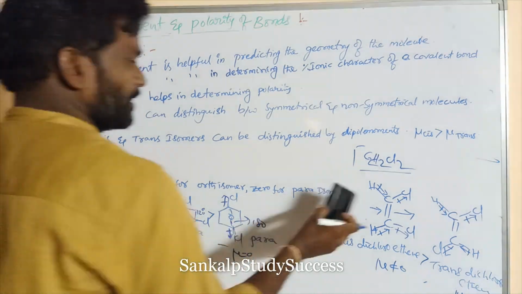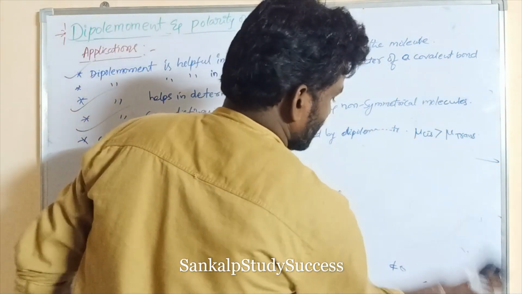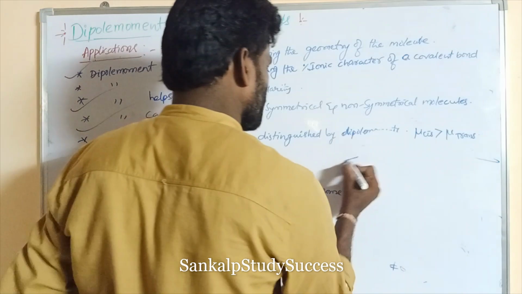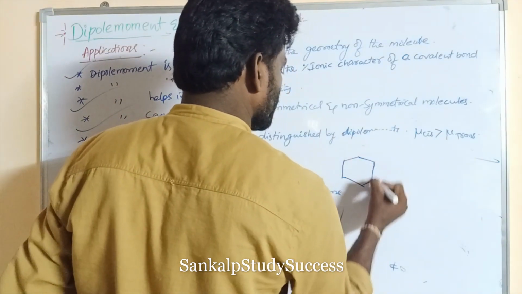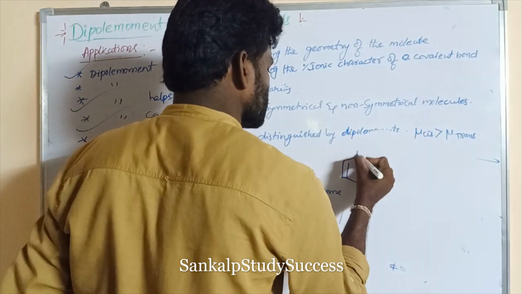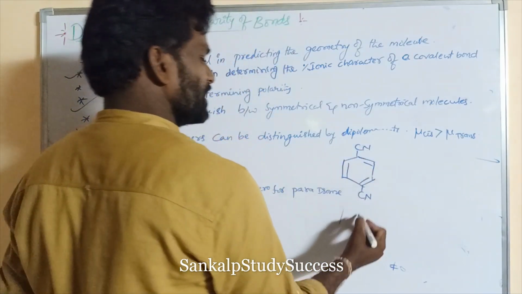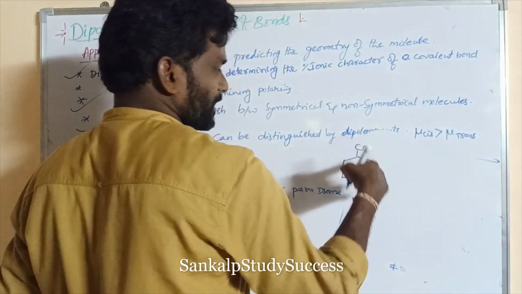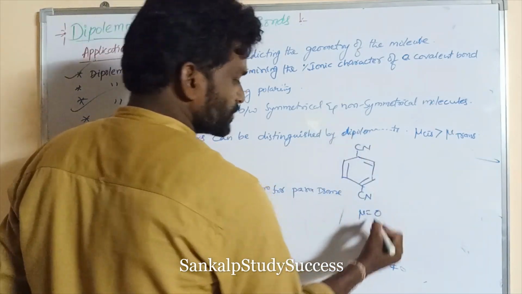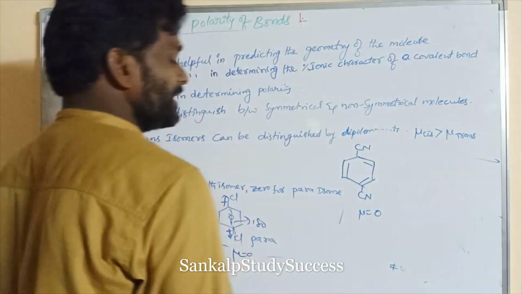Similarly, we go to another example, CN. This is para dicyanobenzene, and it also has 0 dipole moment. Why?